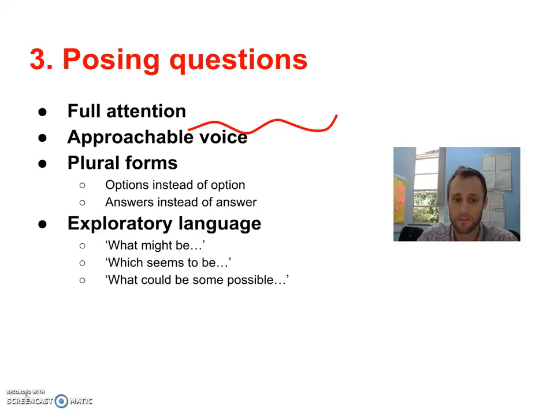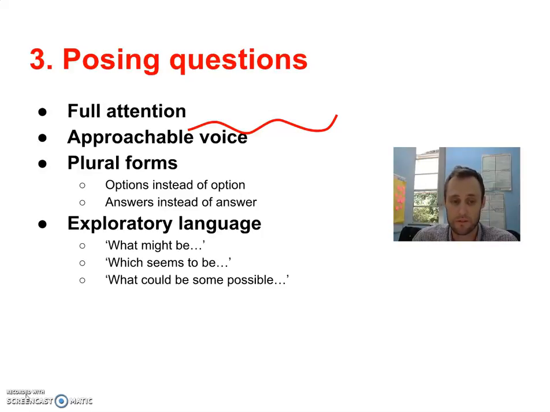And following on with that is the idea of exploratory language. So beginning questions with what might be, which seems to be, what could be some possible, is another way to indicate that there might not be one best answer, that there is more than one answer.